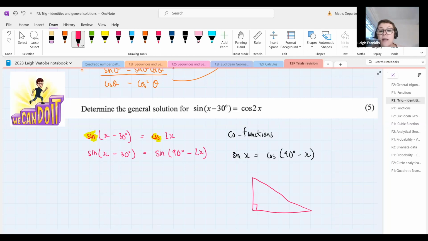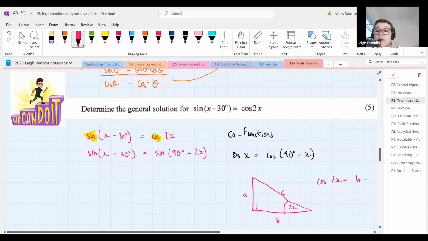There's a 90-degree angle. If I decide that this angle over here is called 2x, and I call this side A and that side B and that side C, just to explain the right-hand side: if I talk about the cos of 2x, remember the cos of any angle is adjacent over hypotenuse.